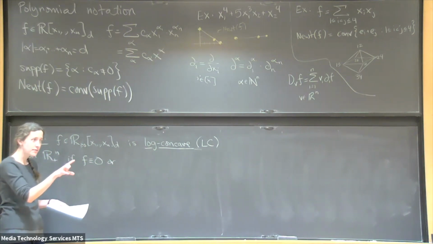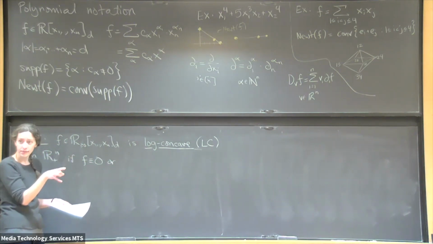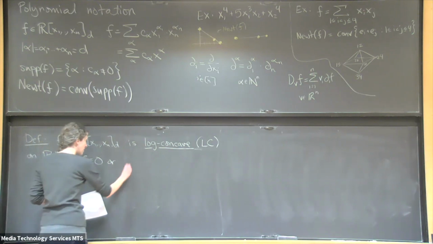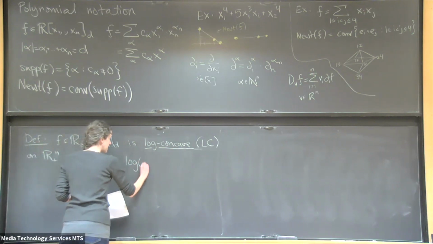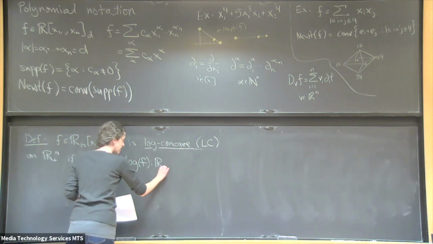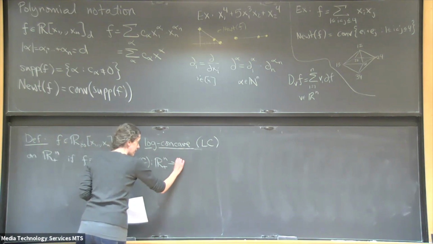It takes positive values on the positive orthant, and so composing with log makes sense. What I want is that log of f, as a function on the positive orthant, is concave.